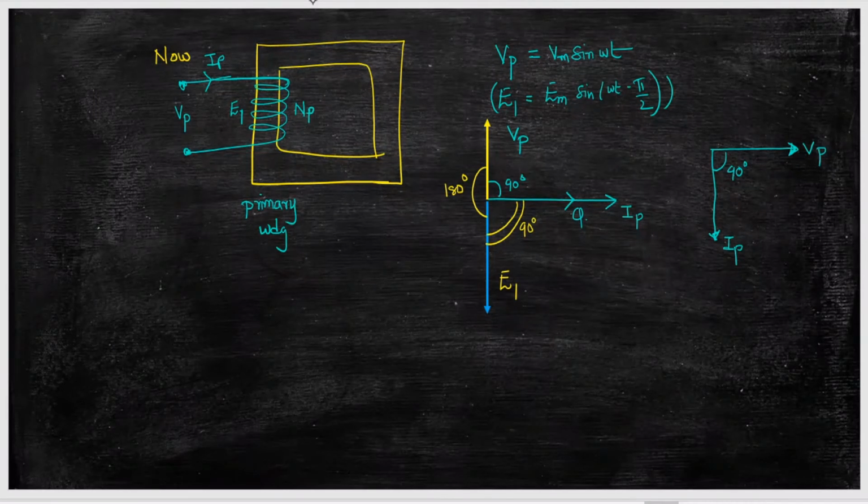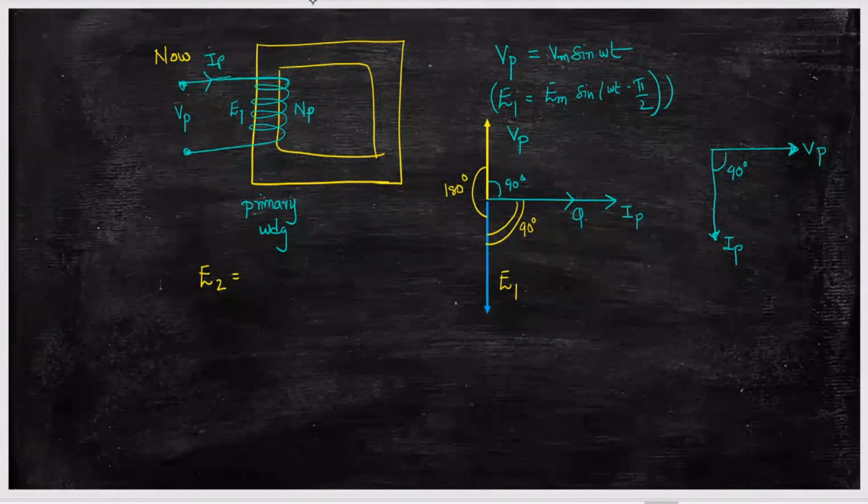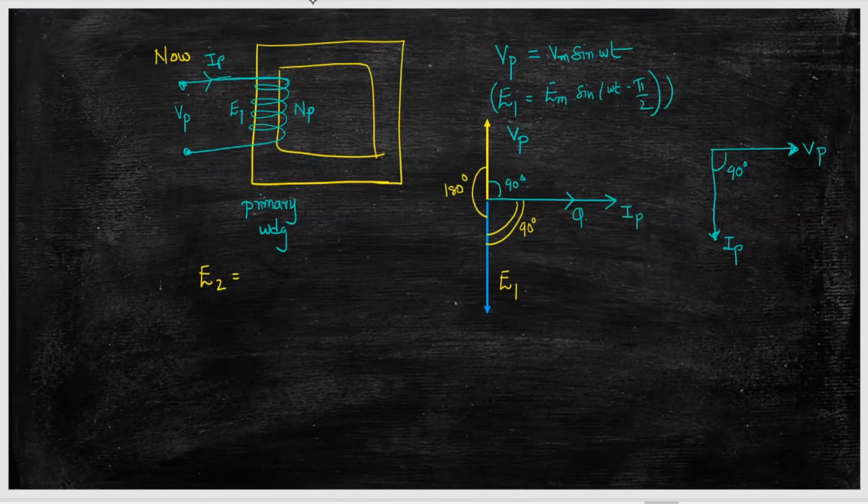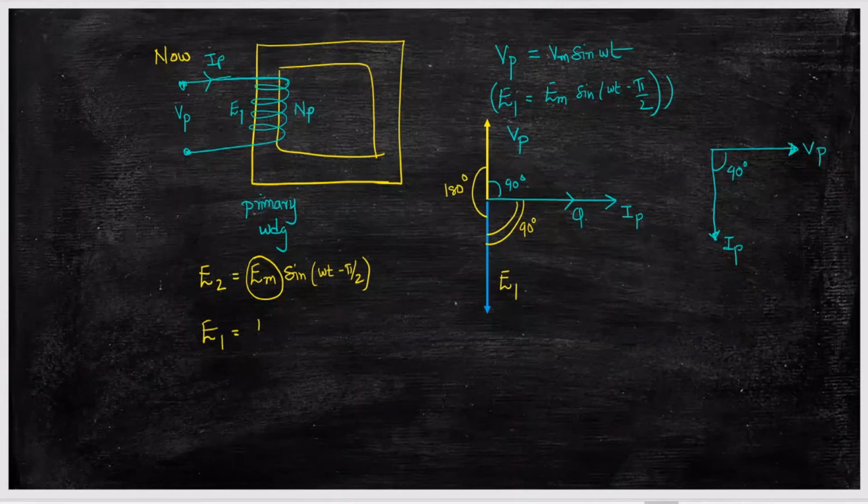Now if I derive the expression for E2, since the same phi is interacting with E2, E2 is equal to Em sin(omega t minus pi by 2). The magnitude may change, but the direction is the same.